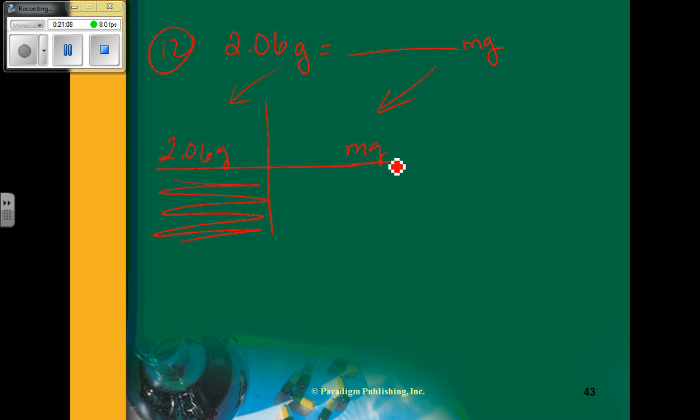Okay, then you think, oh, what goes in the third one here? If you have grams up here, grams goes down here. Okay, then you look in your chart. Milli means 1,000. Grams means 1. Okay, multiply across. 2.06 times 1,000 is going to equal 2,060 divided by 1. And it equals 2,060 milligrams.